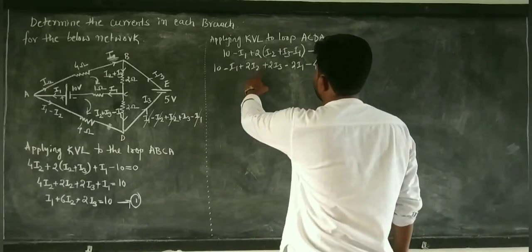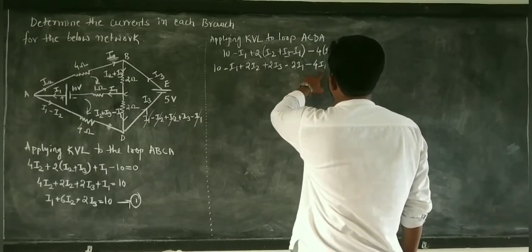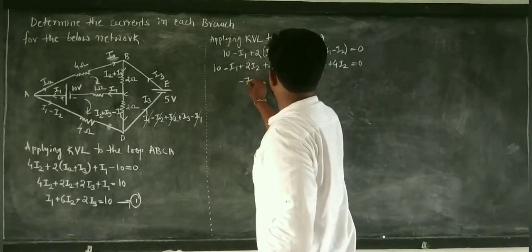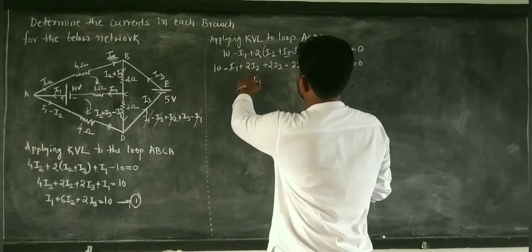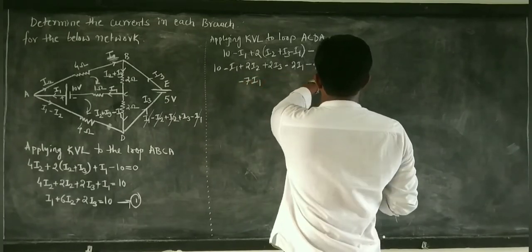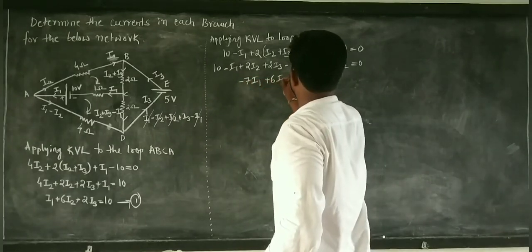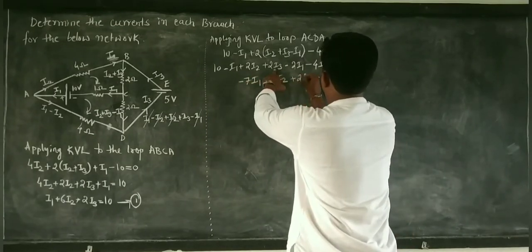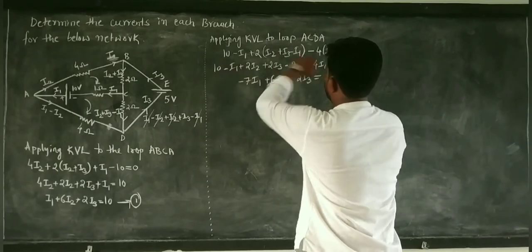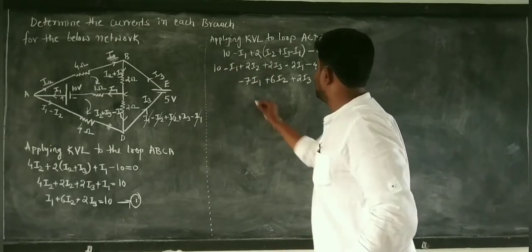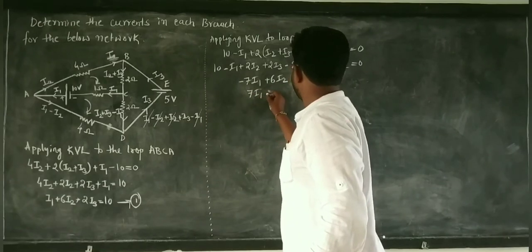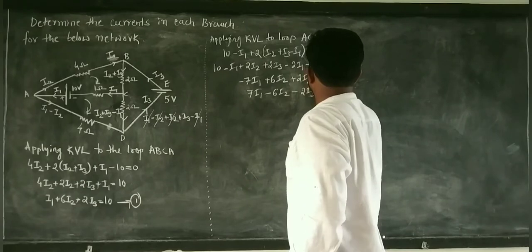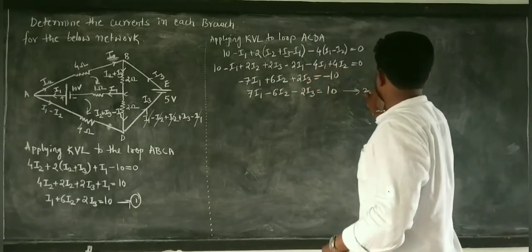Look, minus I1 minus 2I1 minus 4I1 gives minus 7I1. 2I2 plus 4I2 is 6I2, and 2I3. The 10 coming to this side becomes minus 10, so 7I1 minus 6I2 minus 2I3 is equal to plus 10. Let us call it equation 2.